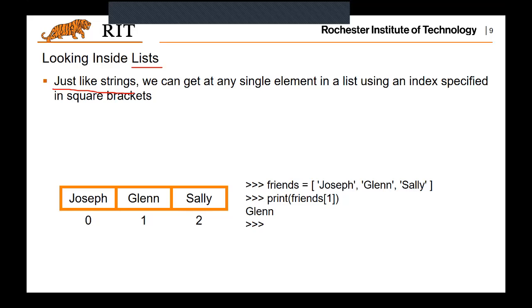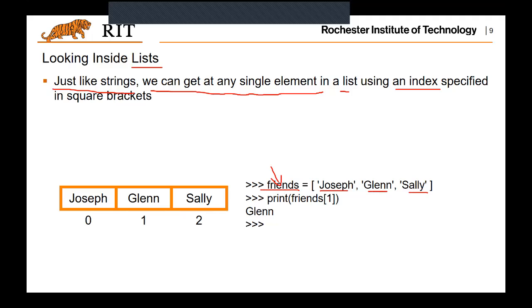We can get any single element in the list using an index to specify where the element is located inside the list. In this case, this list is called friends, and using commas, you separate the 3 elements.